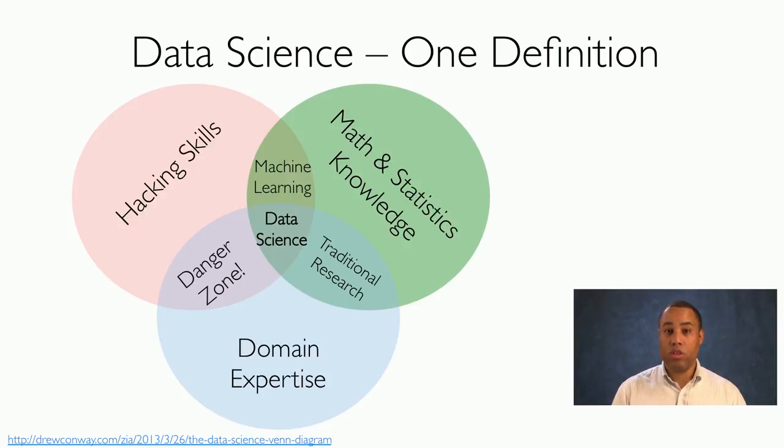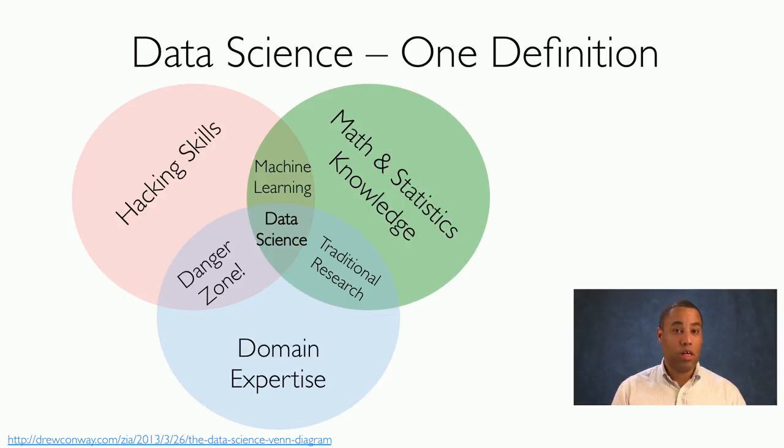The danger zone is someone who has hacking skills and domain expertise skills. In this case, you have someone who's able to collect a lot of domain-specific knowledge, apply algorithms to that at scale, but doesn't really understand either the algorithms or the results that they get from applying those algorithms. So if you remember the cautionary tale from last time about the Facebook analysis, that's a case where someone applied hacking skills to a large amount of domain-specific information and yielded a result that they didn't really understand.